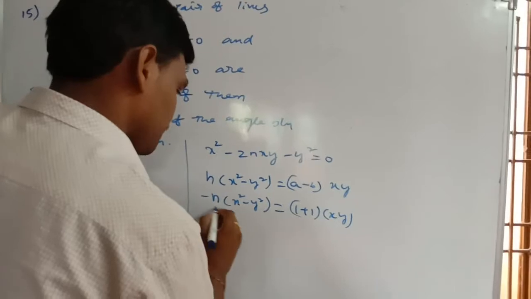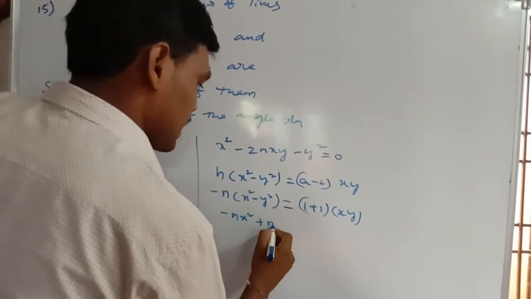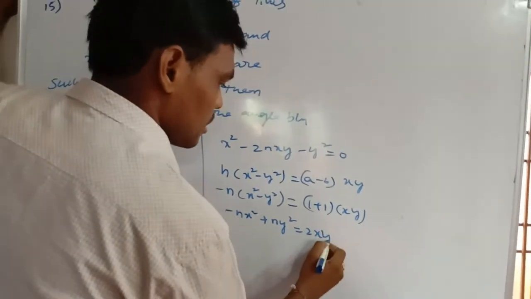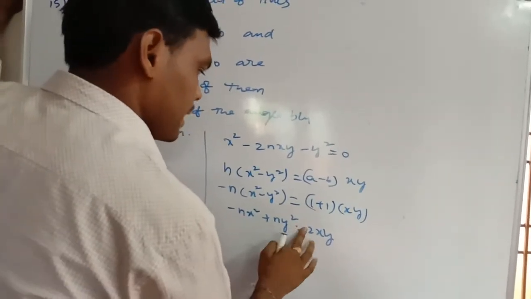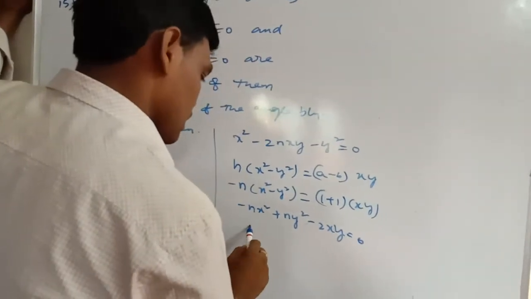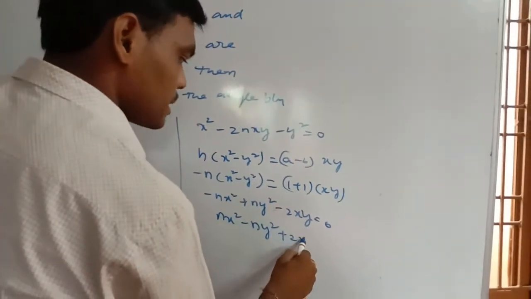Now here minus n x square plus n y square is equal to 2xy. Now here minus 2xy is equal to 0 and this is n x square minus n y square plus 2xy is equal to 0.